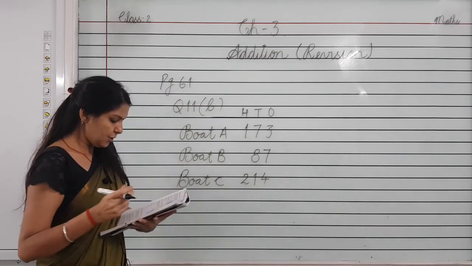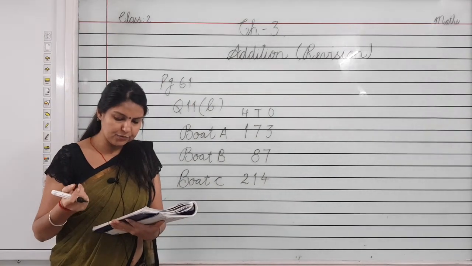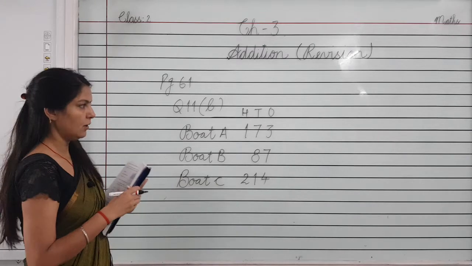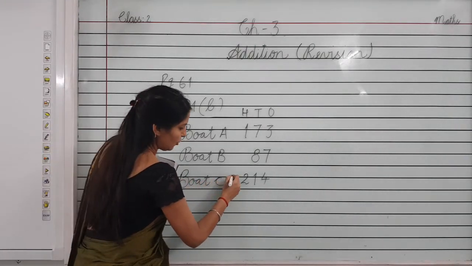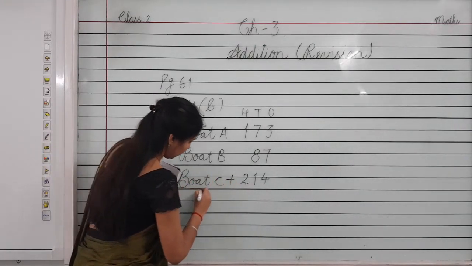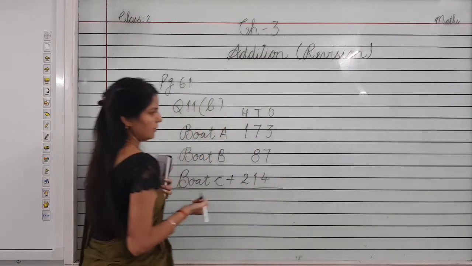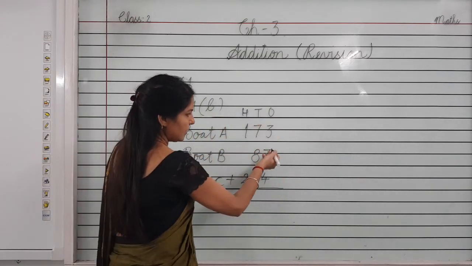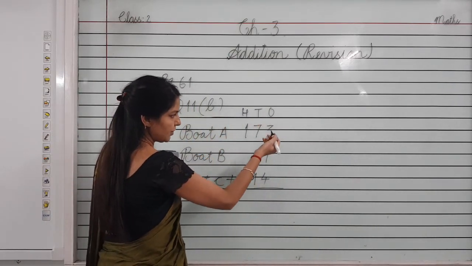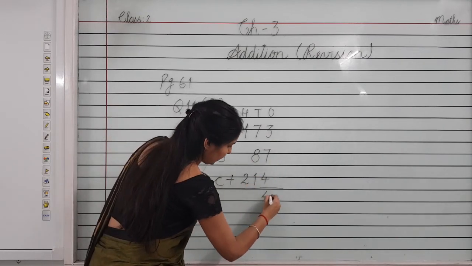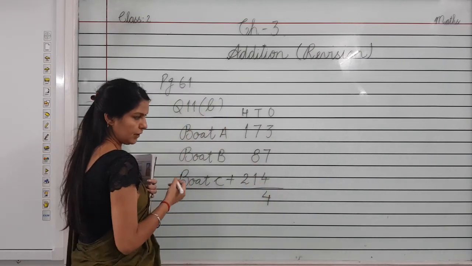Now the question is, how many fish did the 3 boats catch in all? So what will we do? We will add all 3 boats' fish together. So we will add the digits which are at the ones place. 7 plus 3, 10, 10 plus 4, 14. We will write 4 here.